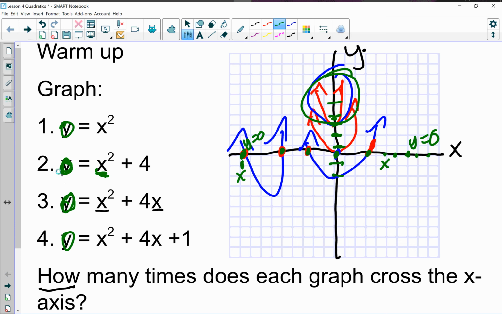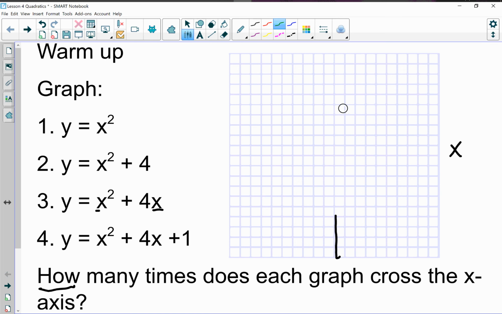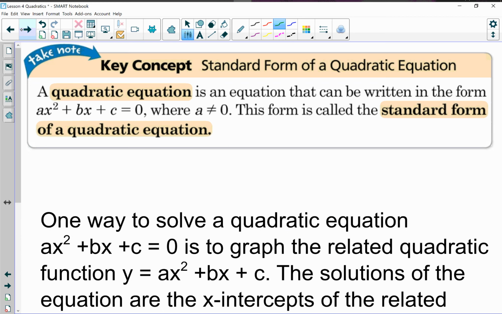So you can go ahead and graph these, because that's our first thing for this section, is to graph quadratics and look for where does it cross the x-axis, at what x value does it cross the x-axis. So normally in a quadratic equation, we can write set equal to 0 like I just talked about.